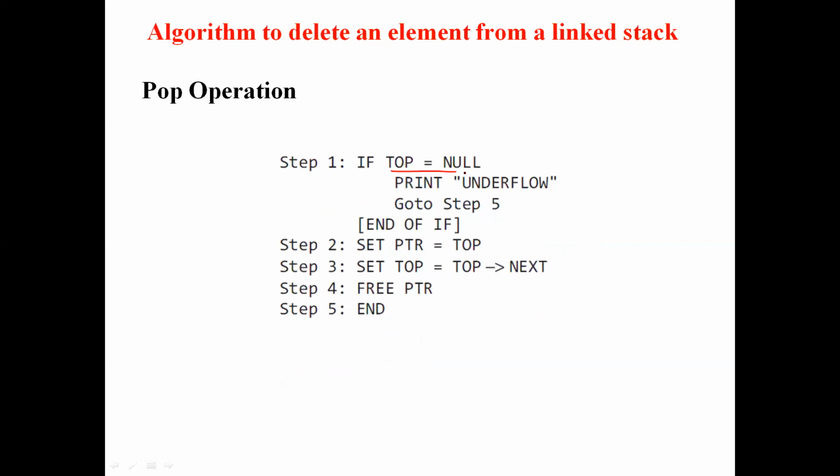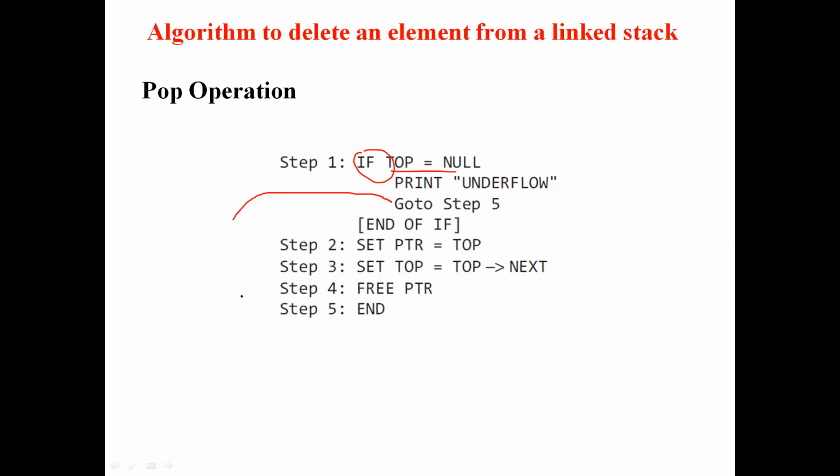Assume that we have two elements, 10 and 20. In our case the first if will not work. If it is top equal to null, what happens?